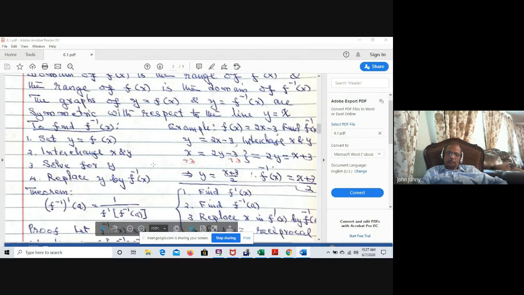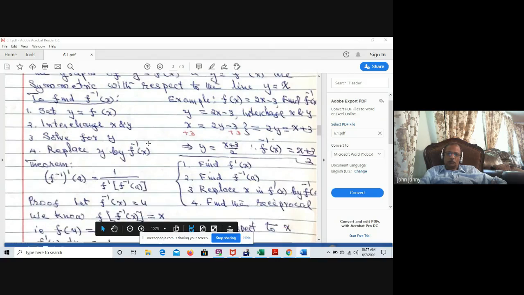And now there comes a theorem. So far there was no calculus. Now calculus is coming into the picture. Theorem: the derivative of f inverse at a is 1 over f prime of f inverse a, that means the reciprocal of f prime with x replaced by f inverse a.